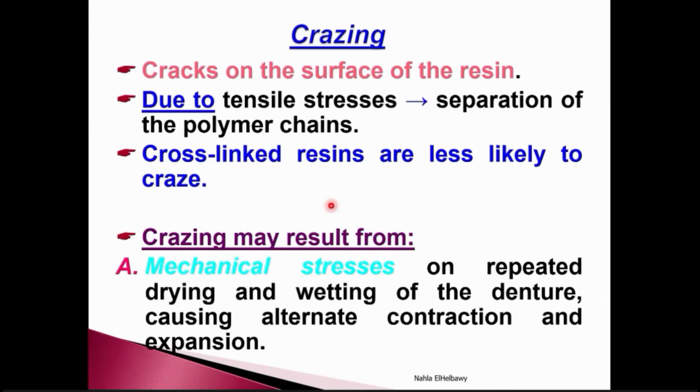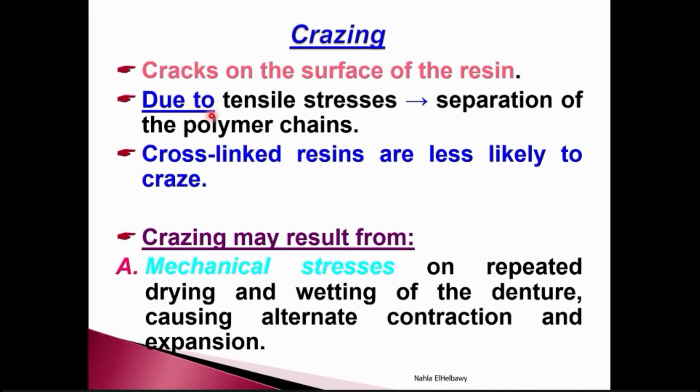Right. As we see corrosion in metals and alloys mainly, similarly we have crazing. That happens in polymers only. So crazing appears as cracks on the surface of the resin. They might be micro cracks which are not visible, or they may be visible. So what happens in crazing?